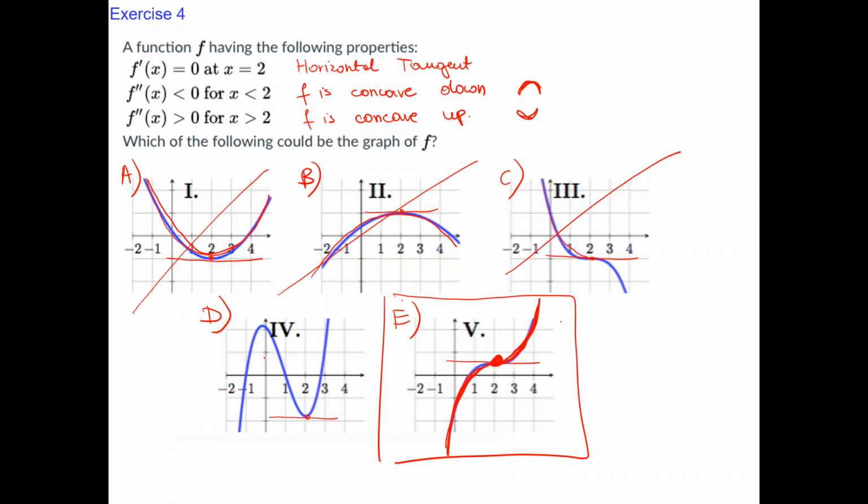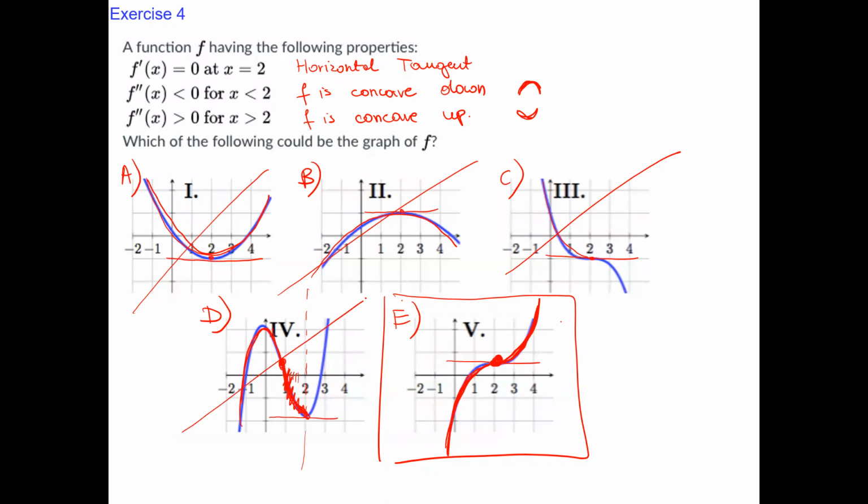And this one, we have to have concave down for x less than 2. And we can see at some point, probably 1 is the inflection point. The function is concave down, this is okay, but it's actually also concave up on that interval, which is for some of the x's less than 2. Yes, that's not good. It means E is the correct answer.